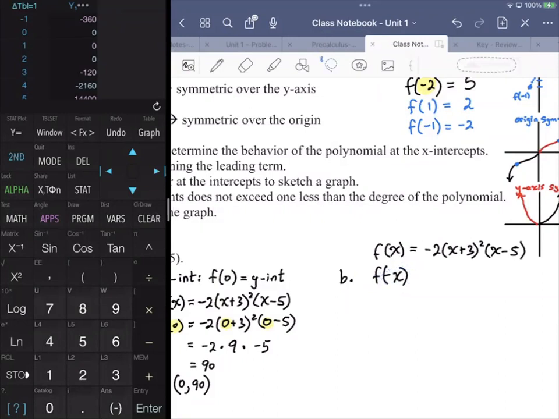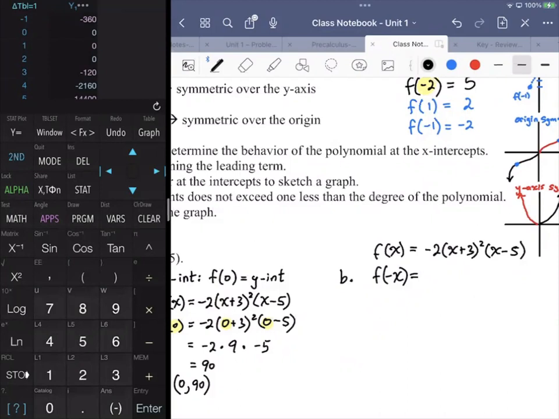Function notation can be really tricky to come to grips with, I guess, because there's nothing about this that feels right unless you're really comfortable with the notation. What this is saying is the same thing it would be saying if I said f of 0. If I said f of 0, I'd replace every x with a 0. If I say f of 2, I replace every x with a 2.